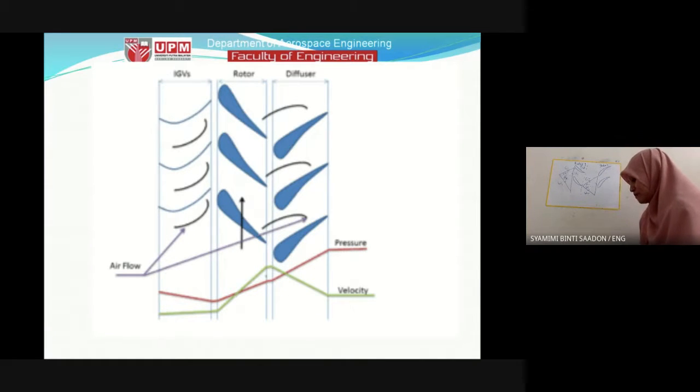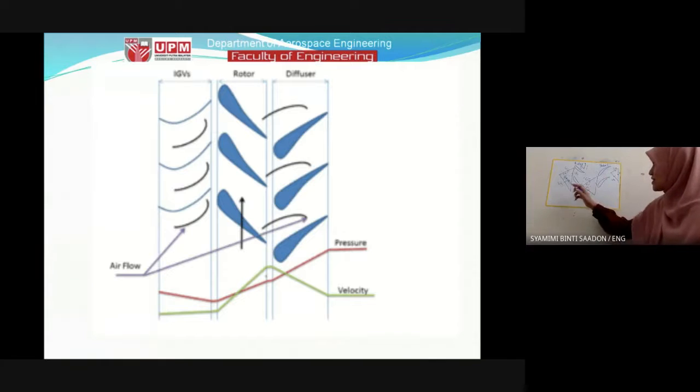Exit of the stator, you have like this, C3, W3, and U. U is the same. So that's why in axial compressor, we don't really characterize U1, U2, U3, because U is the same for all the stages.